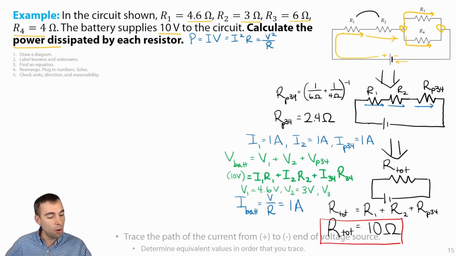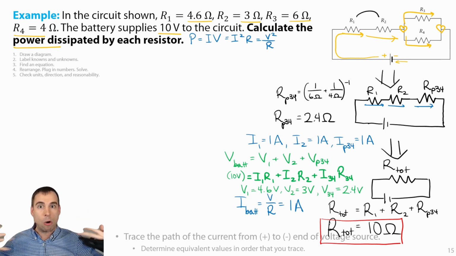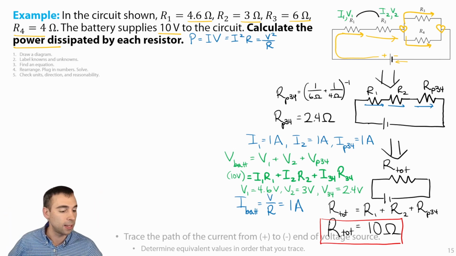And the combo of resistor 3, 4 in parallel with each other will also dissipate the last remaining 2.4 volts. We'll see that each of those voltages adds up to the total of 10 that we had output by our battery. And so we're slowly sussing out what each of these variables are: the current and the voltage of the first resistor, the current and voltage of the second resistor separately as different variables. So we're going to calculate those.